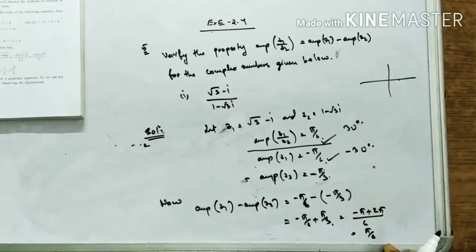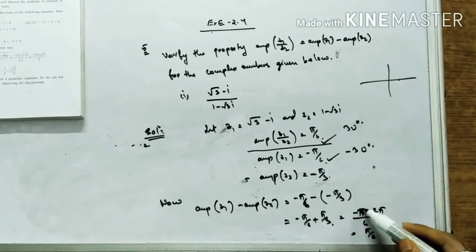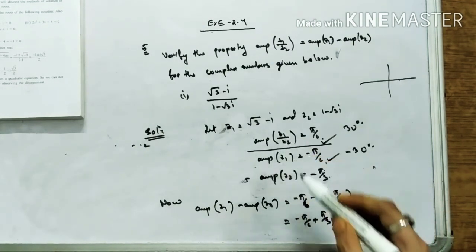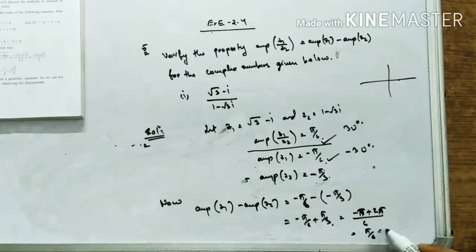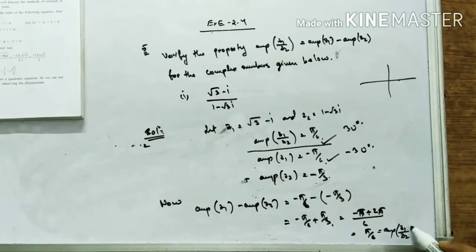So this is amplitude of Z1 by Z2. Understand? This is verified.